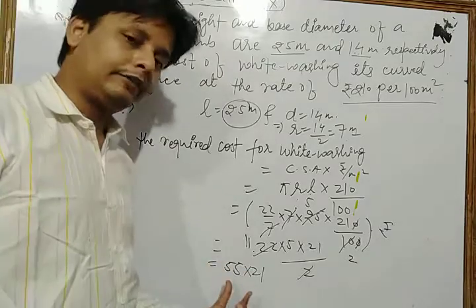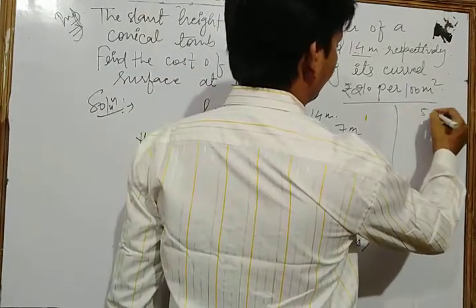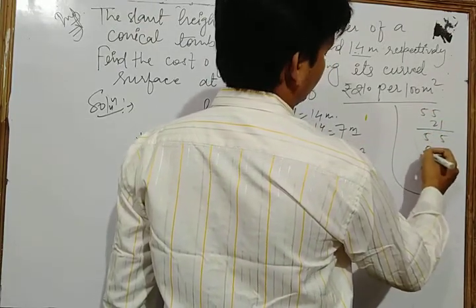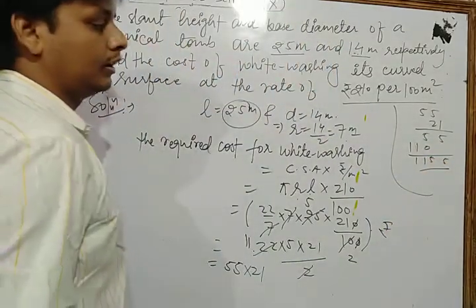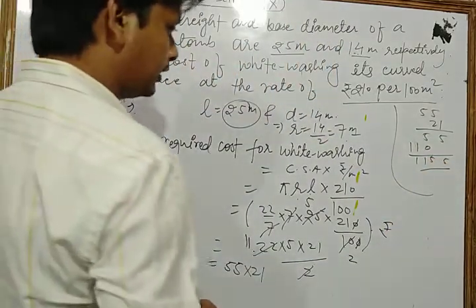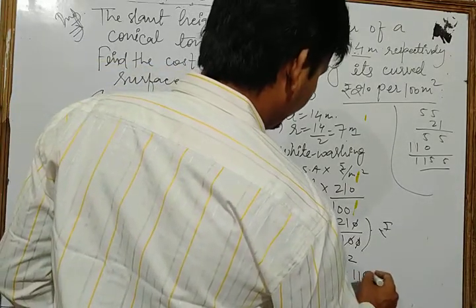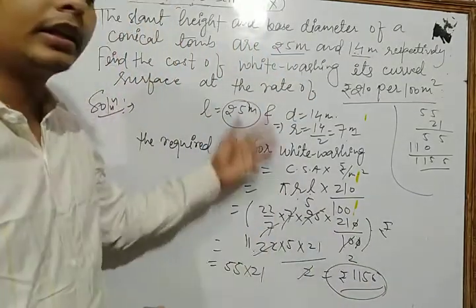We just multiply 55 by 21. 55 into 21 is 1,155. So rupees 1155 is your cost of whitewashing the conical tomb.